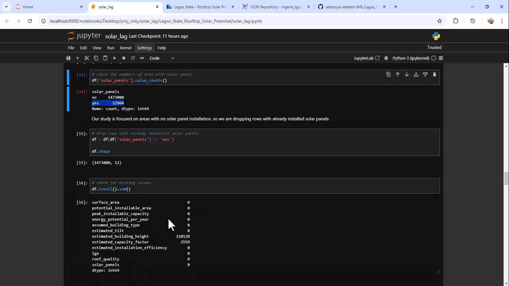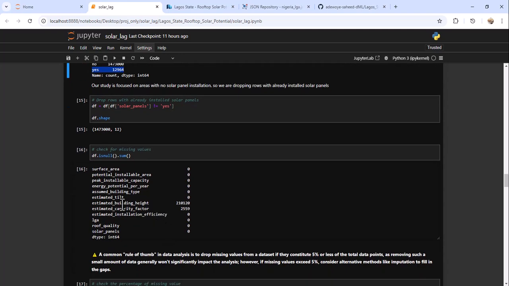From there, I looked into the missing values, and I found out that there are some features that have many missing values, like estimated building height and also the estimated capacity factor.